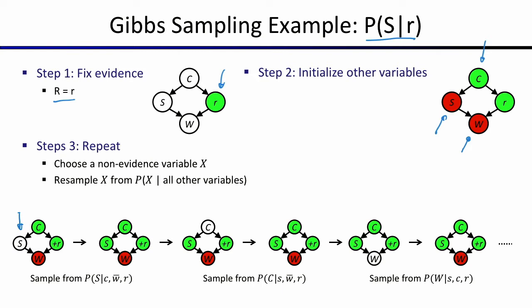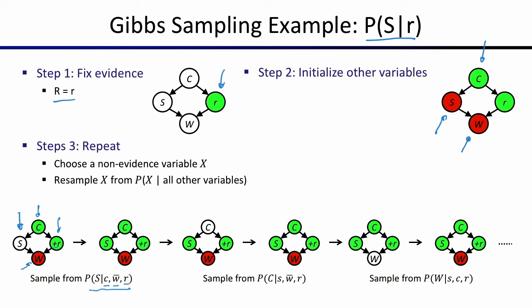It was randomly chosen, and now I'm going to sample the value of S given by this distribution here: the probability of S given the values of C true expressed here, W false expressed here, and R true expressed here. Just ignore this plus sign here. It is meaningless for our example.